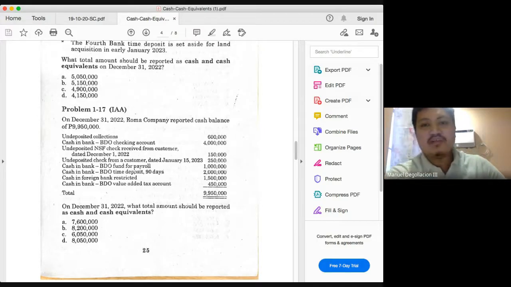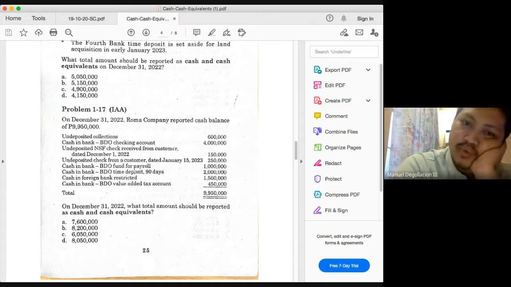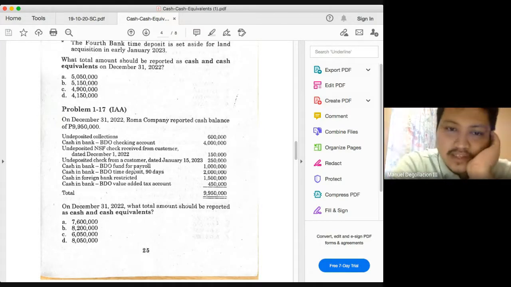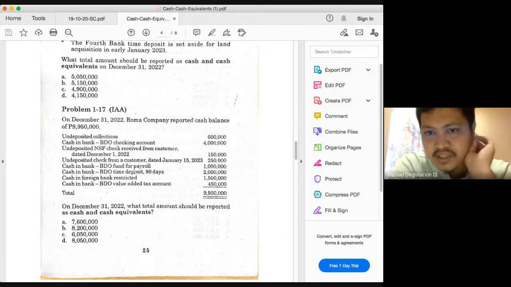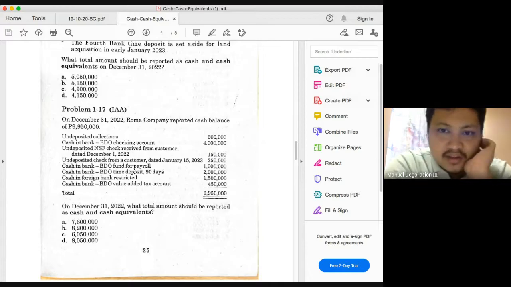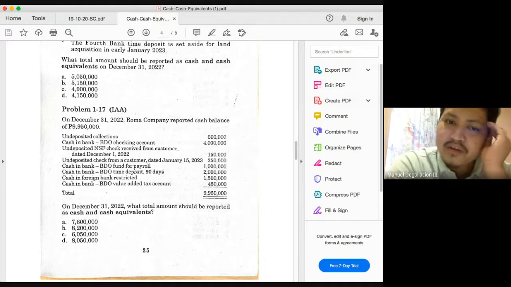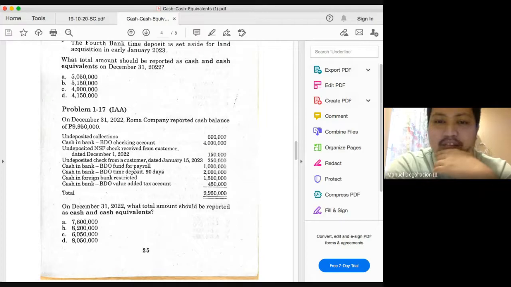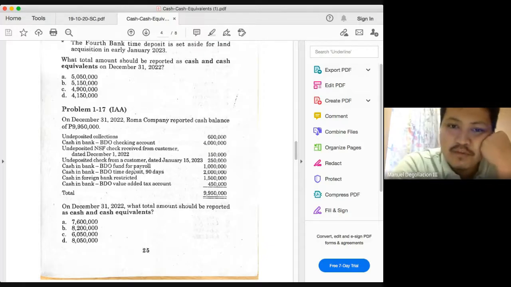Undeposited NSF check received from customer dated December 1, 2022, not included since it is an NSF check. Undeposited check from a customer dated January 15, 2023, 250,000, not included because as far as 2022 is concerned, it is still not good as cash because it cannot be encashed yet.